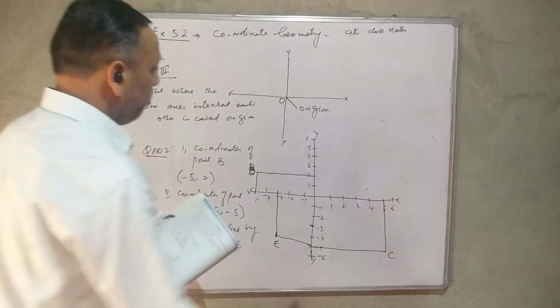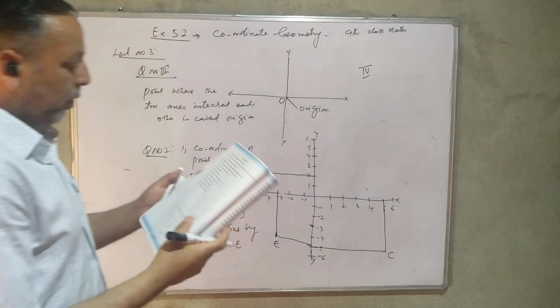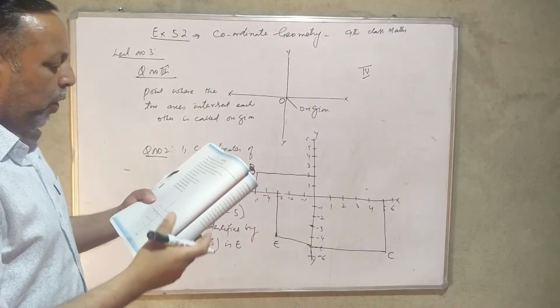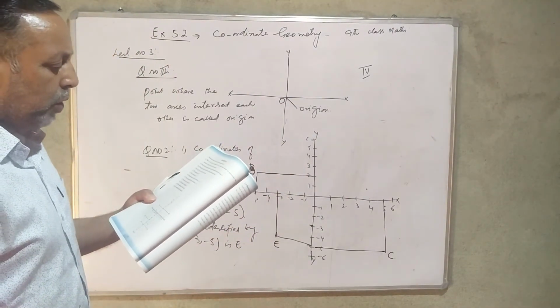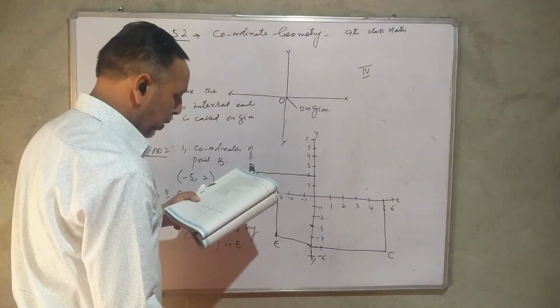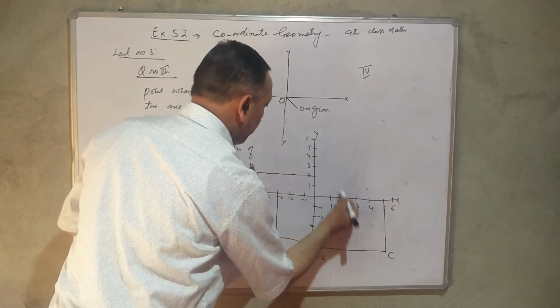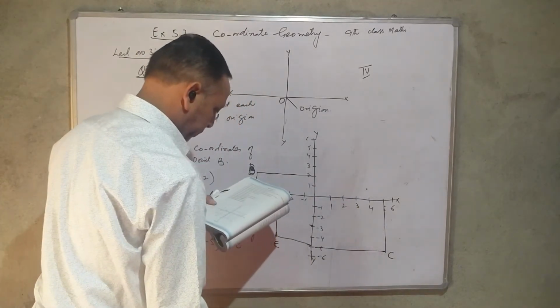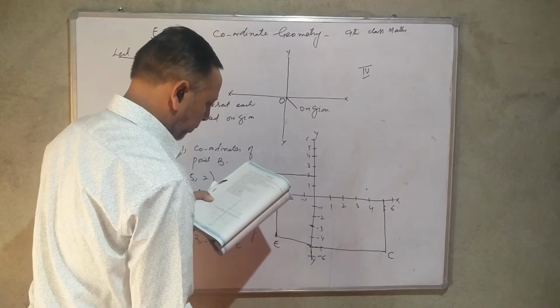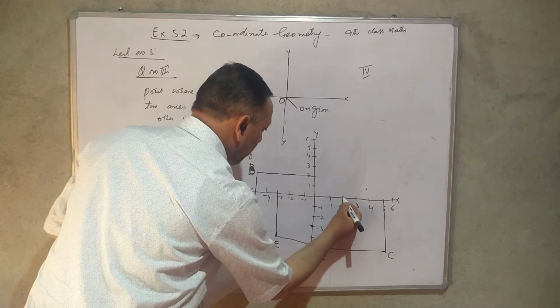Then the fourth part. The point identified by 2 and minus 4.